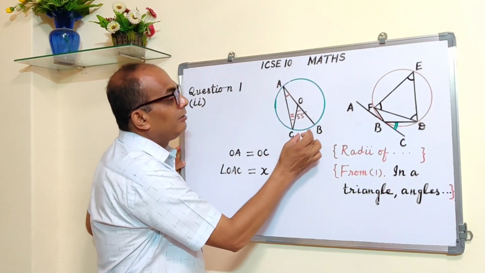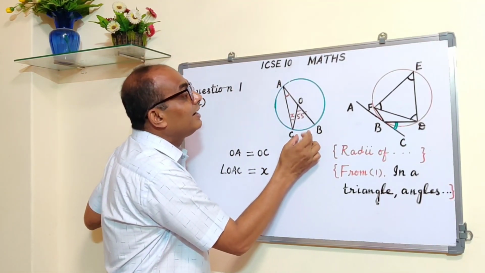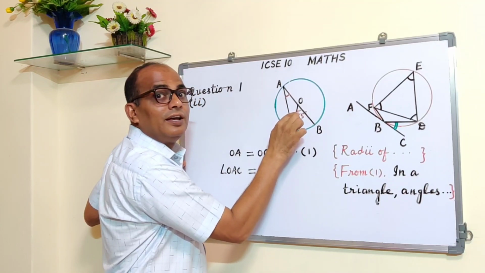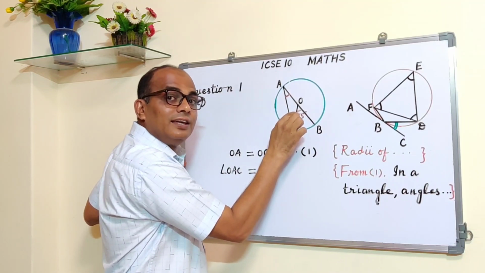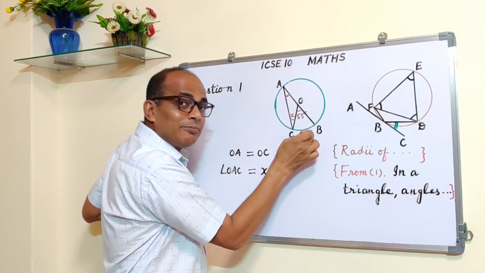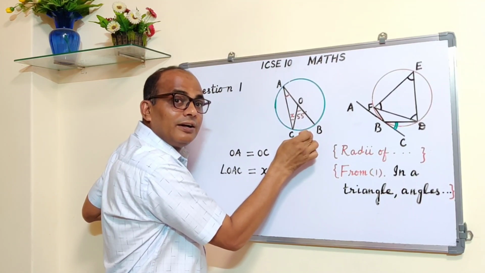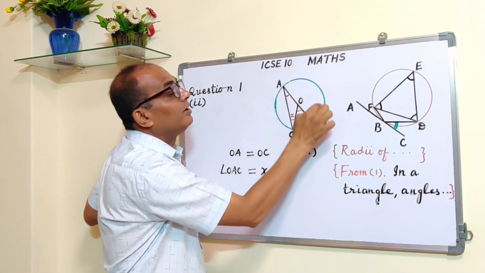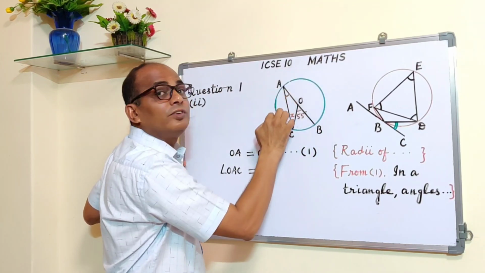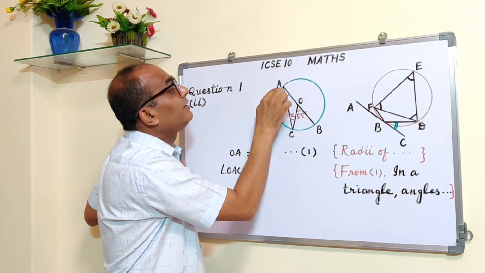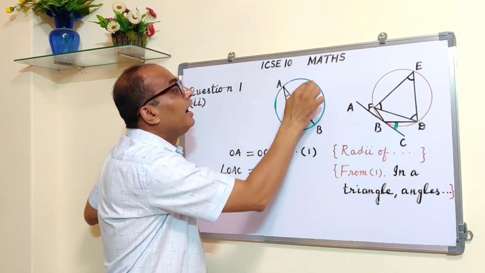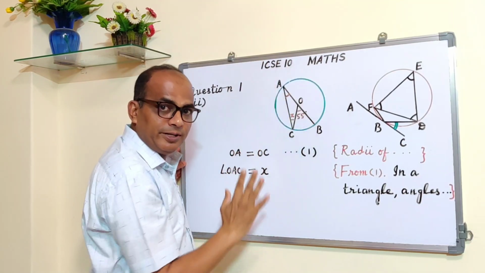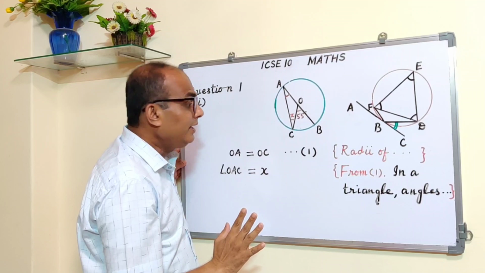The angle made by an arc at the center of the circle is twice the angle made by the same arc on the remaining part of the circumference of the circle, at any point on the remaining part of the circle. Alright?